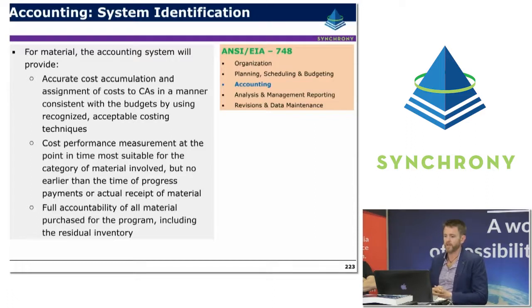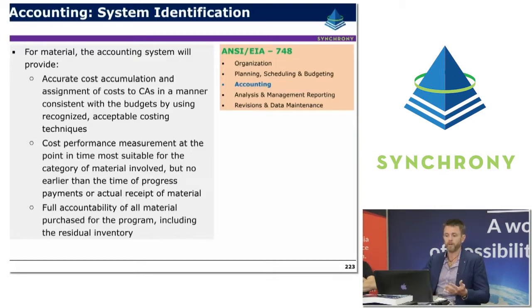Cost performance measurement should occur at the point in time most suitable for the category of material involved, but no earlier than the progress of payments or the actual receipt of material. So for material transactions or procurement of materials, it's about having a consistent process between the way you've planned to accrue and accumulate those costs and the way you do it in your cost system.